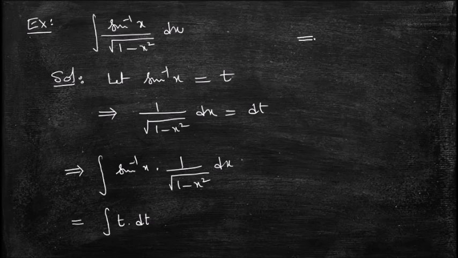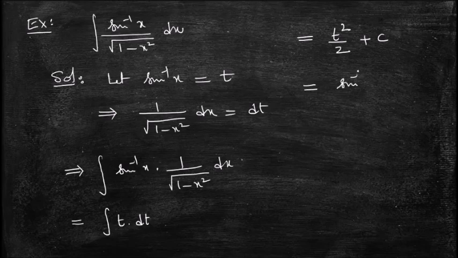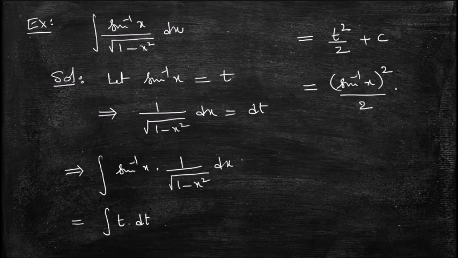Now what is integration of t? t square by 2 plus c. What is t here? We have supposed sine inverse x, so (sine inverse x) whole square by 2 plus c. Hope you have understood this problem, right?